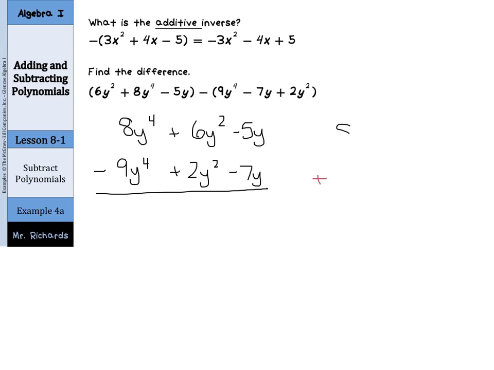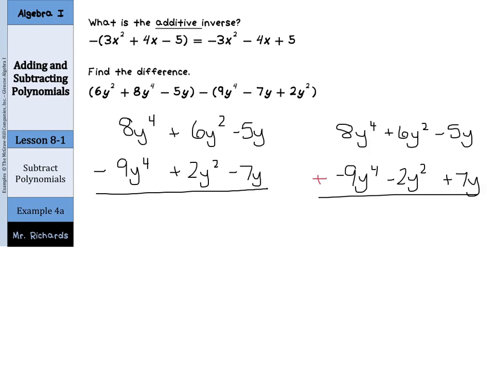So we'll have 8y to the 4th still plus 6y squared minus 5y. And now, as we change that subtraction into addition, we're going to take the opposite of those three. So the 9y to the fourth becomes negative 9y to the fourth. The plus 2y squared becomes minus 2y squared, and the minus 7y becomes plus 7y.